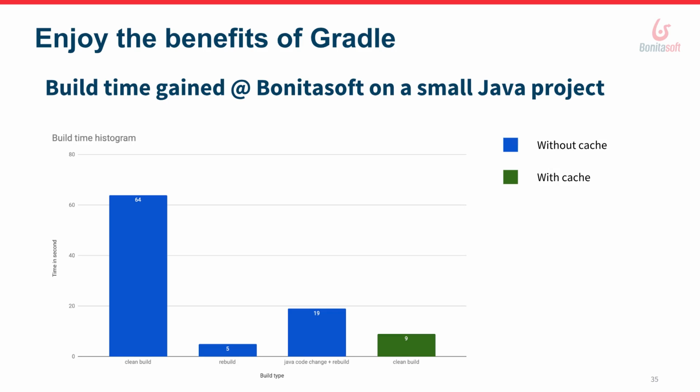And if you change some source files, it takes less time than the first time, 64. But what is interesting is that when you use the cache with a clean build, so you're just cloning your project and doing Gradle build, the build time goes down to 9 seconds instead of 64.